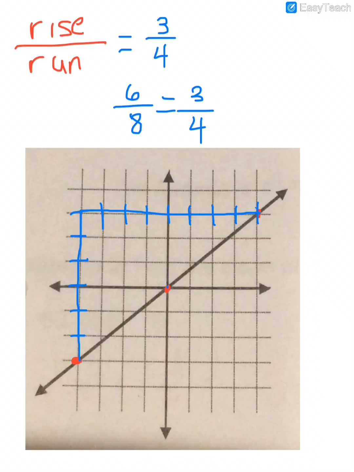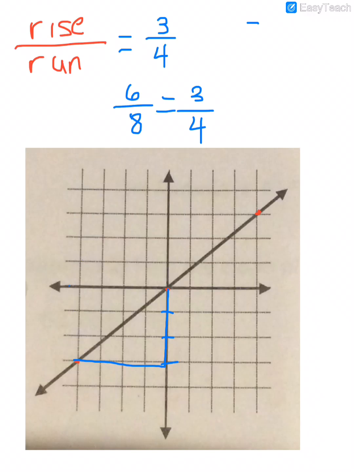Let's say I went from the middle point to the bottom point, from here to here. My rise, I would be going down 1, 2, 3 spaces.